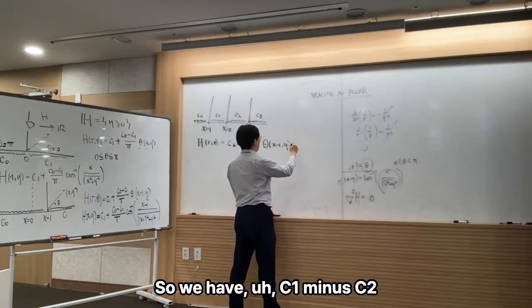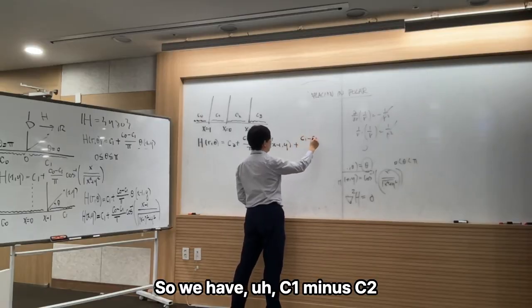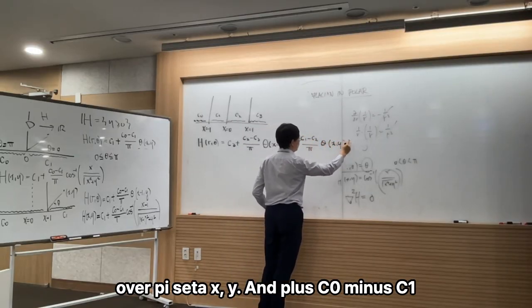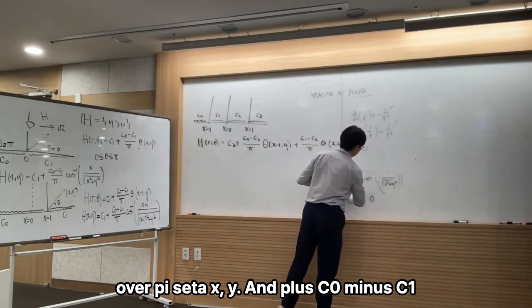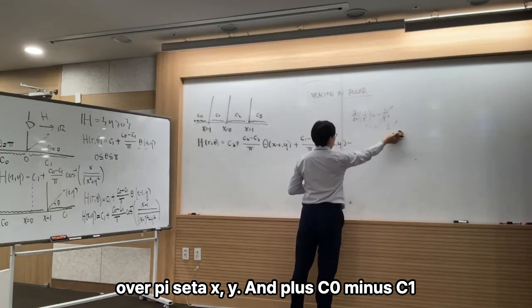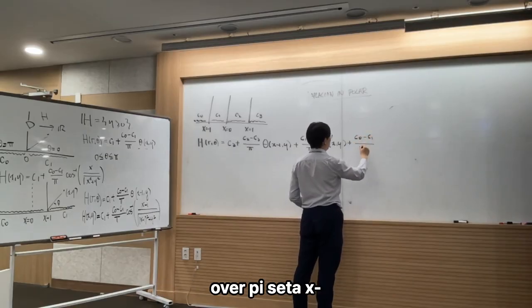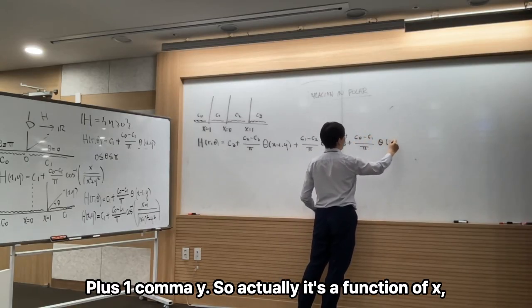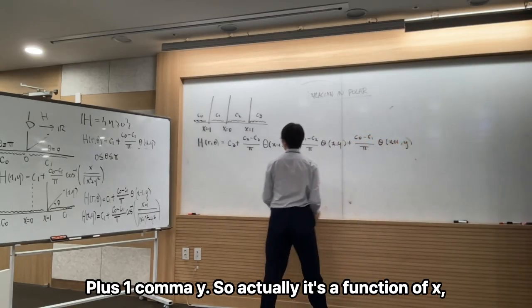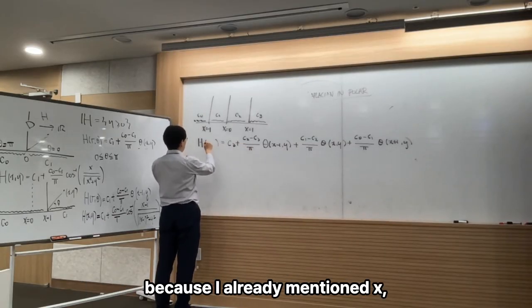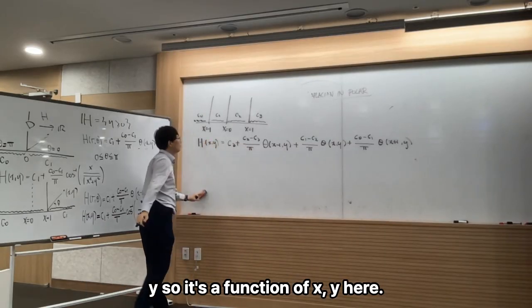So we have C1 minus C2 over pi theta of x comma y, and plus C0 minus C1 over pi theta of x plus 1 comma y. Actually it's a function of xy, not r theta, because I already mentioned xy. So it's a function of xy here.